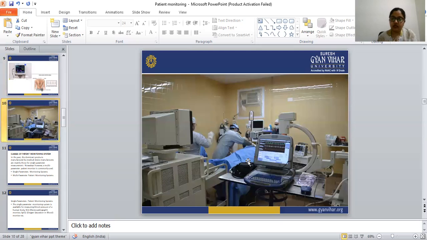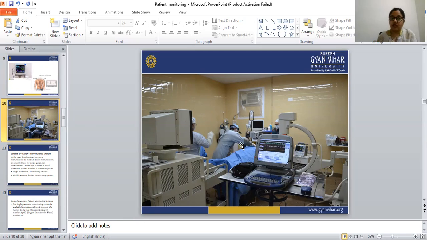Let's see one more example. This is again an example of the patient monitoring system. In this, a patient is undergoing surgery, and all the computerized parameters, like oxygen saturation level, BP, heart rate, and pulse rate, can be measured through this computerized patient monitoring system.